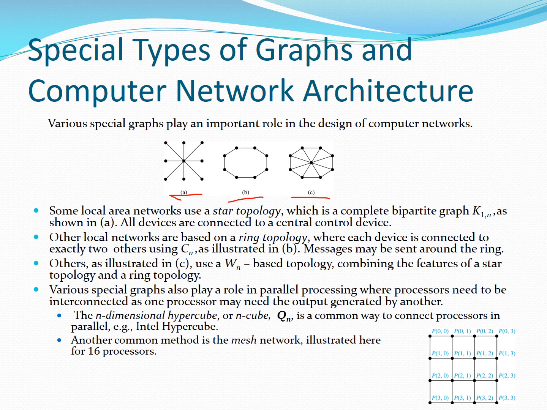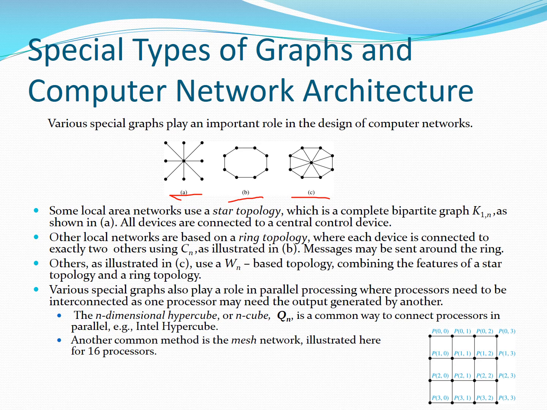Some networks use a star topology, for example, to represent a hub connecting a bunch of computers. You can have a ring topology to show a minimally connected network. A wheel topology combines the features of your star topology as well as your ring topology.